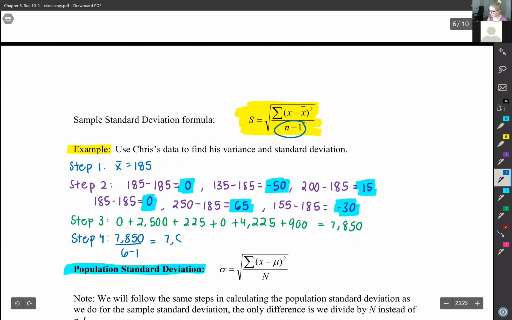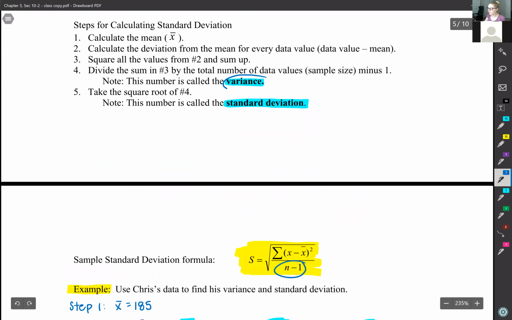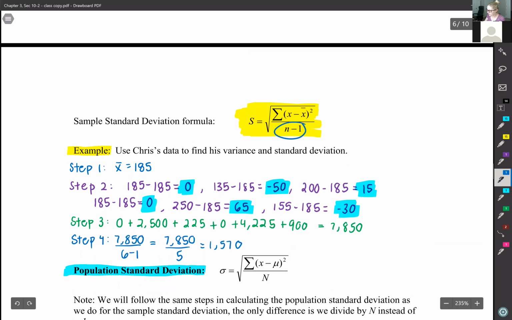So this is 7,850 divided by 5, which is 1,570. And our notes tell you this number is actually called the variance. So our variance is 1,570. This is one of our answers for this question.